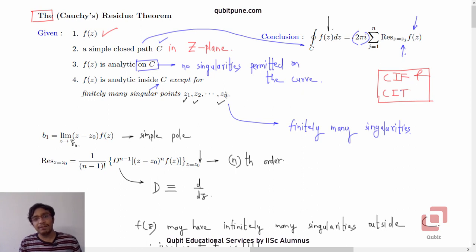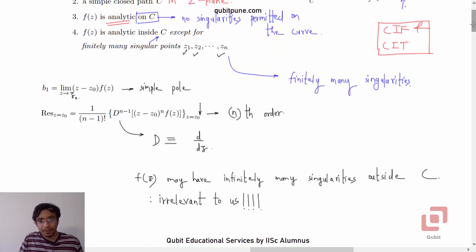We should not have even a single singularity on the curve, and we should have only finitely many singular points z1 till zn. Once we classify the location of the singularities with respect to the curve, inside or outside, we will not calculate the residues at those singular points which are outside C.